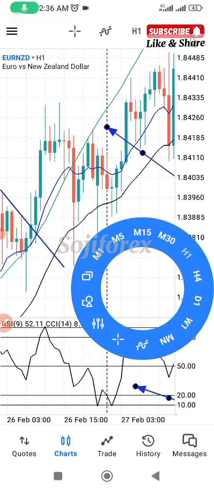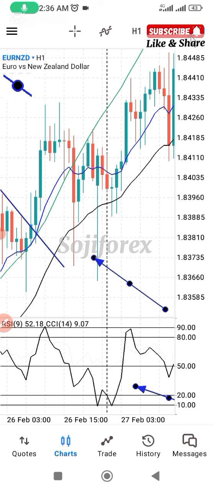And if you look at that carefully, after this massive rejection, this pin bar, price pulled back again and gave us another rejection. So you can see rejection, rejection, rejection.